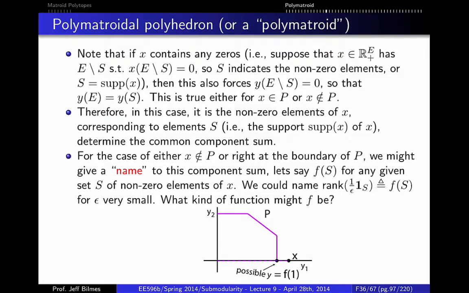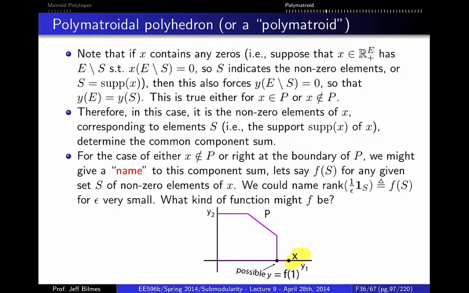So what this means then is that if we take a particular vector x, and let's say that x is big enough so that the parts of x, namely its support, that are non-zero are significantly outside of the polytope. Like, for example, in this figure, we've got an x whose support is y1, dimension 1, because in dimension 2 that vector x's element is 0.